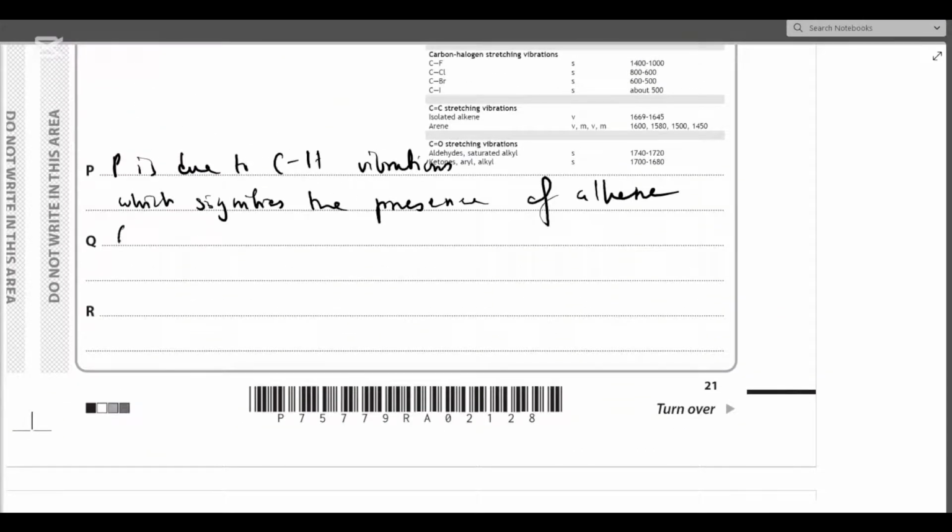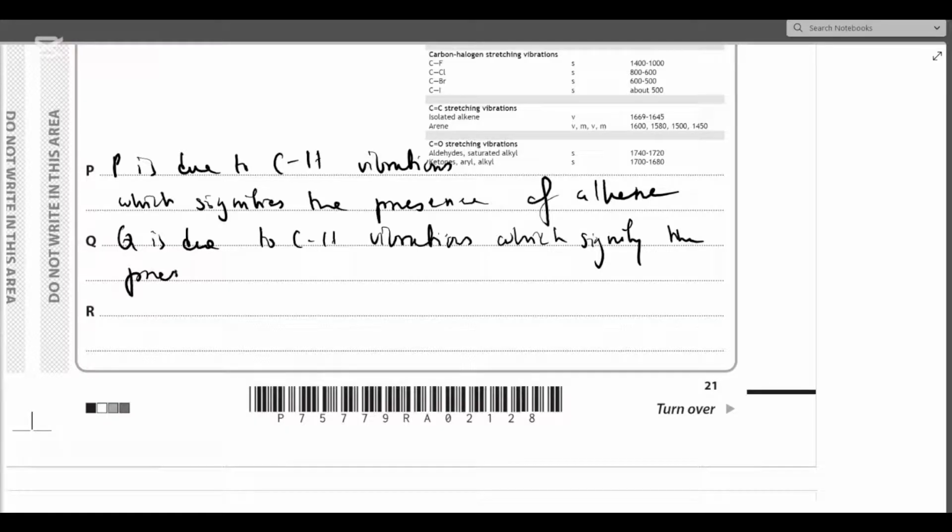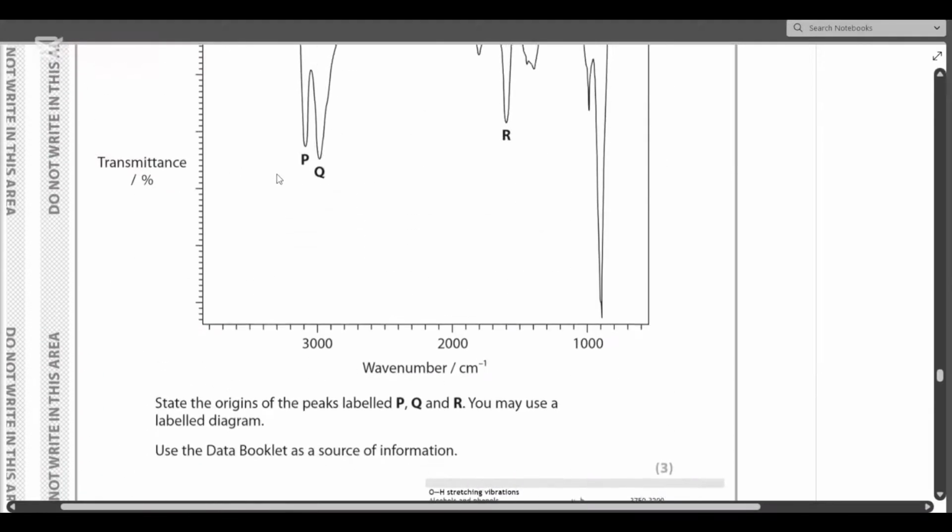So Q again is due to CH vibrations, which signify the presence of alkane group.